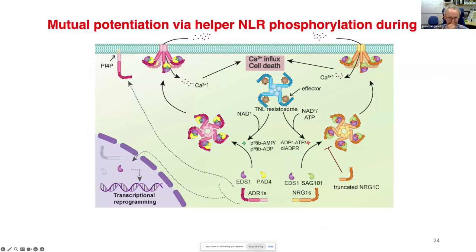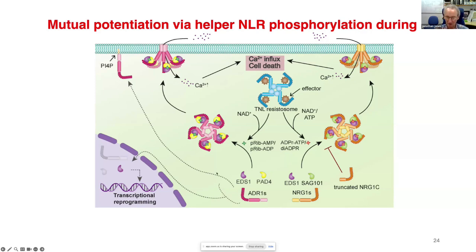So the TNLs that I've talked about at the beginning, like WRR4, these tetramers create an enzymatic activity that can create multiple small molecules, ribo-AMP and ribo-ADP, and also these ADPR-ATP and di-ADPR, which respectively activate either the EDS1 SAG101 NRG1 node or the EDS1 PAD4 ADR1 node of plant immunity.